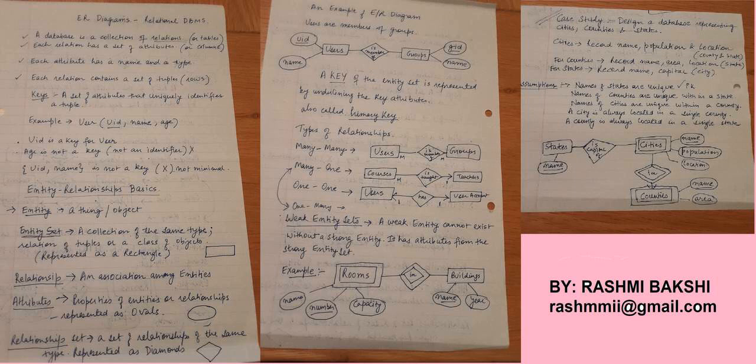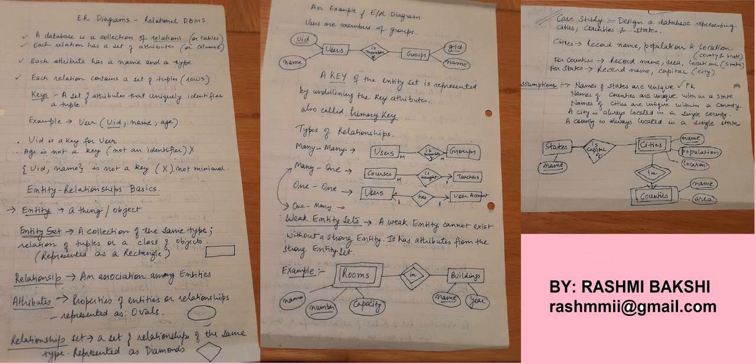There is another relationship called one-to-one, meaning let's say one user can have only one account. So it's a little bit more restricted, where you cannot have more than one of an entity. So one user can have one account. Okay, so it's one-to-one.